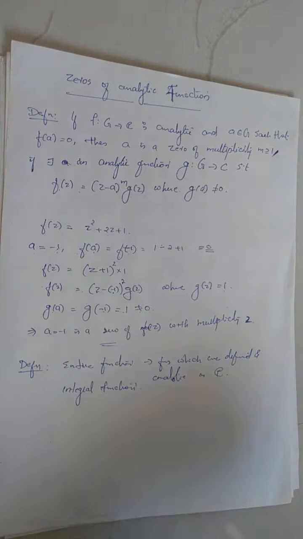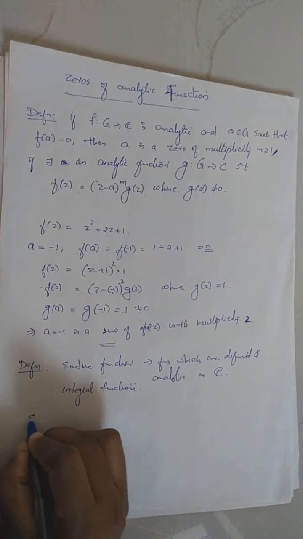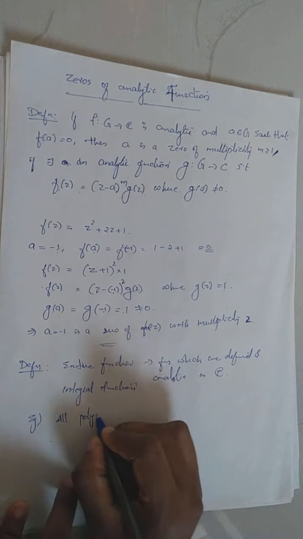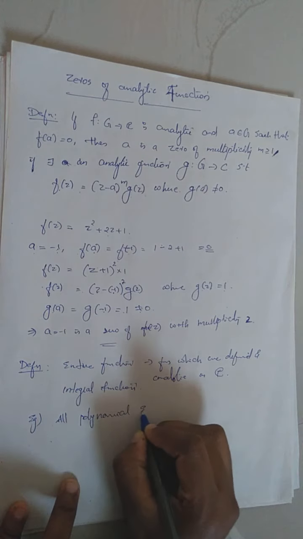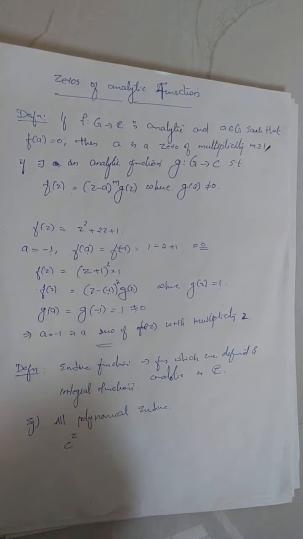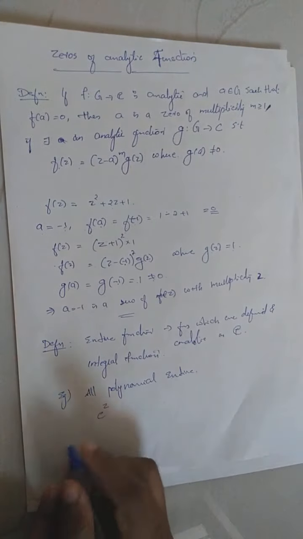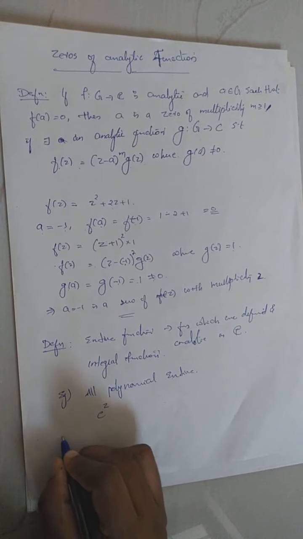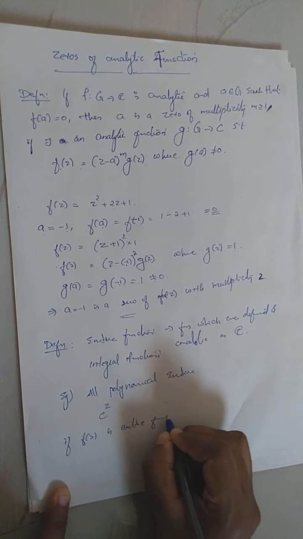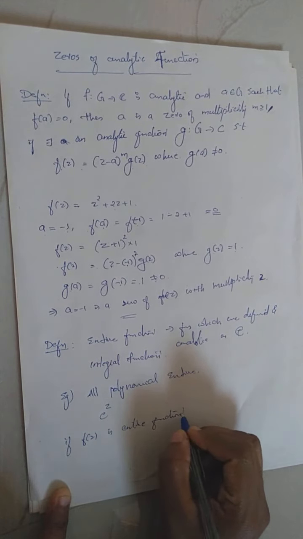Entire function or integral function. The examples: all polynomials, complex polynomials, are entire functions, and the exponential function is an entire function, right? So we can say, if f(z) is an entire function, then it is clearly analytic.